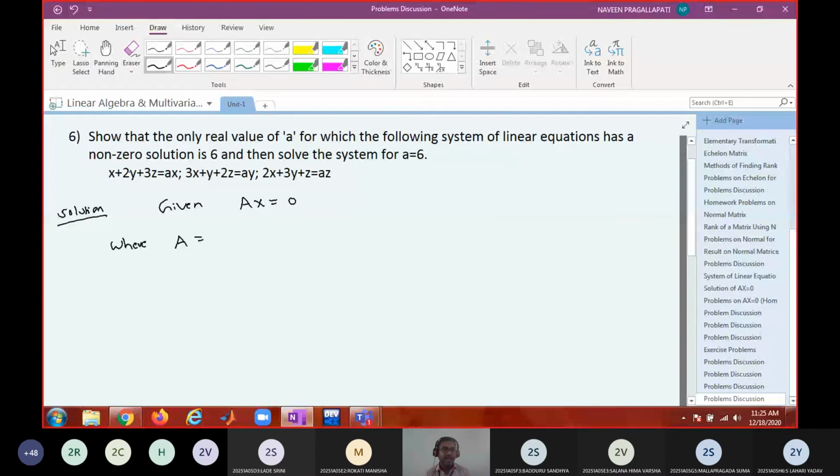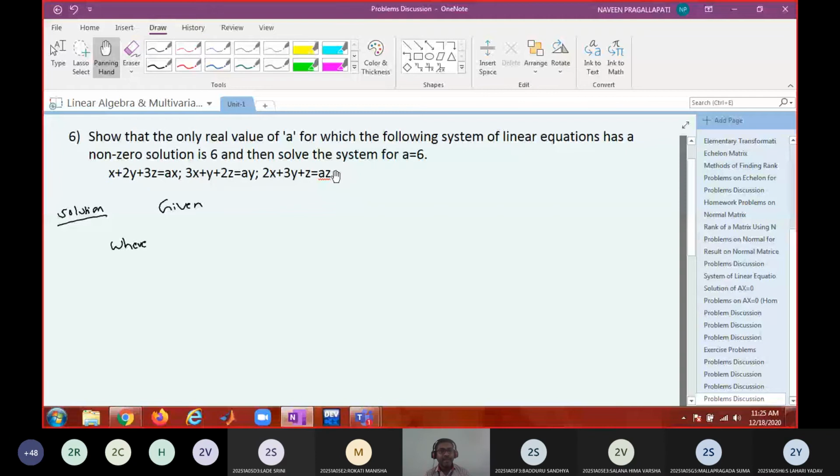I think I did not write it correctly. Is this in the form Ax equal to B or Ax equal to 0? Here Ax equal to B means B is a constant matrix. That means the right hand side must be constant values. But these are all variables, no?